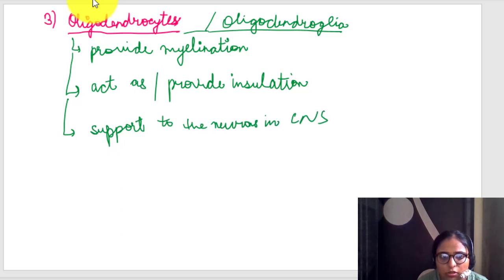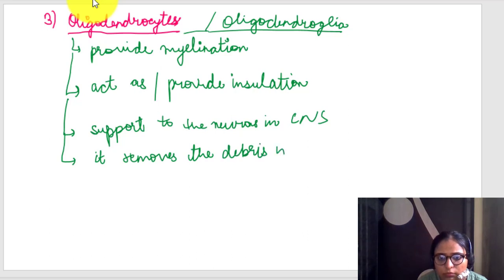And the fourth function, the last one, is that it removes the debris also from there, right? So this is the function of oligodendrocyte. Simple, but a very important function.